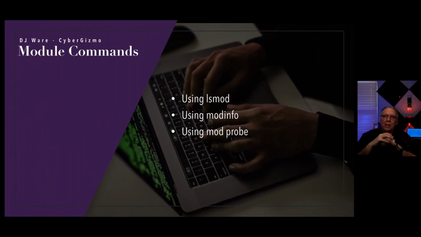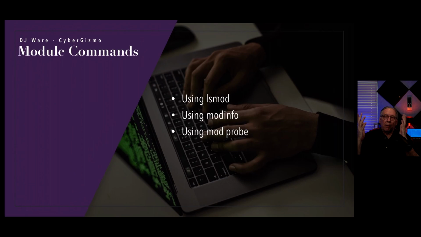So today we're going to look at 3 different commands that are used to both gather information about modules on your system, as well as to manage them. lsmod gives you a list of all the modules that are currently loaded. modinfo allows you to gather additional information about modules that are installed, or are resident on your disk and not loaded, so you can see all of them that come with your kernel.